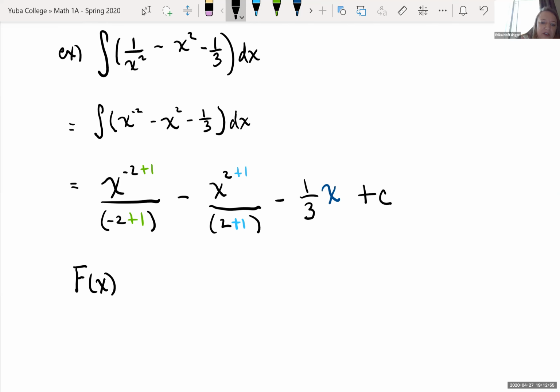So the antiderivative of 1 over x squared minus 1/3 is equal to x to the negative 1 power all over negative 1, minus x cubed over 3 minus 1/3 x plus c.